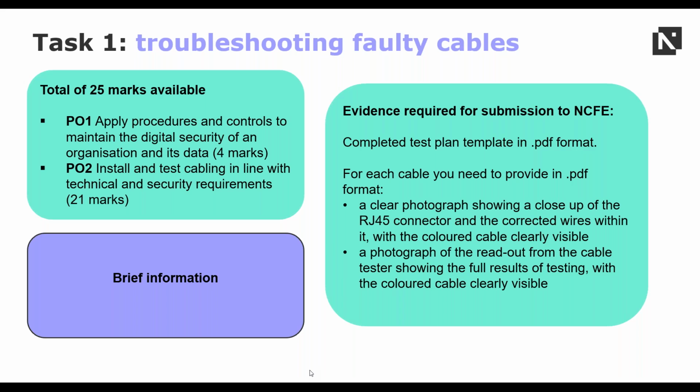So we're looking for the student to test, to figure out what's going on with those cables, to document those faults, implement a fix, and then to document, so in this case, photograph the fixed cables. That's a slight shift of focus versus assignments 1 and 2, but one that I think students will get really excited about because it's much more hands-on when they're actually working with those cables that I mentioned before that you'll need to set up.